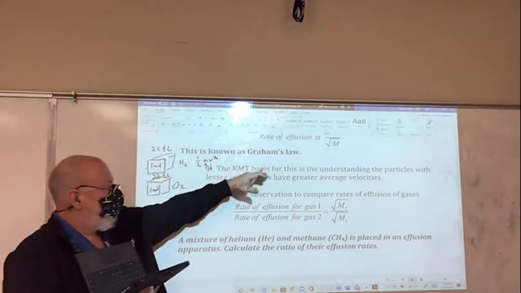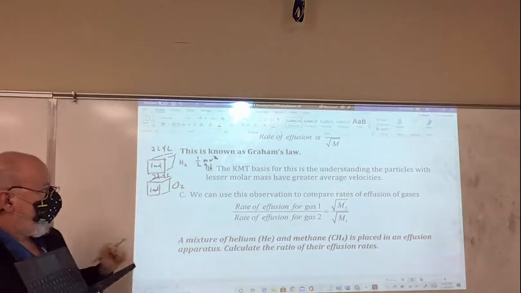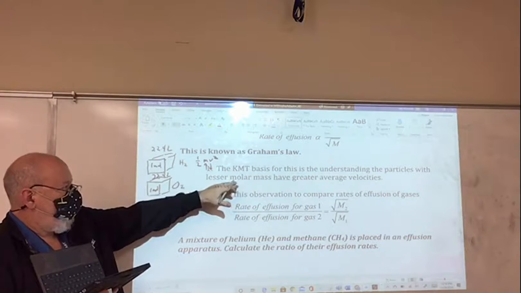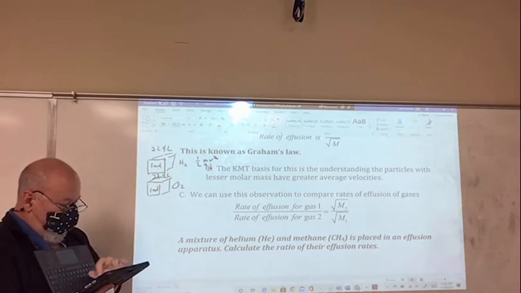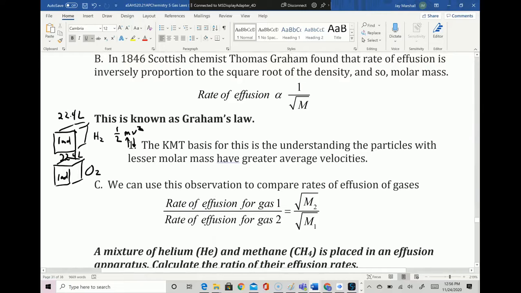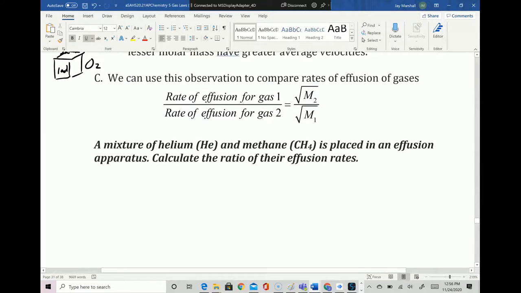And that's the kinetic molecular theory basis for this understanding. Things with lesser molar mass have greater velocity. Therefore, if I have a lesser molar mass, I'm going to have a greater rate of effusion. If I have a greater molar mass, I'm going to have a lesser rate of effusion.